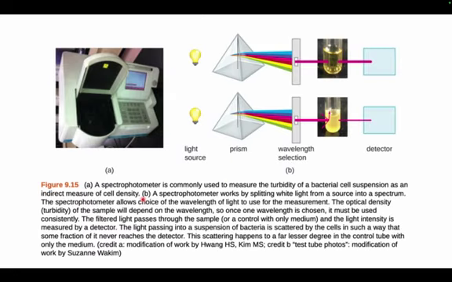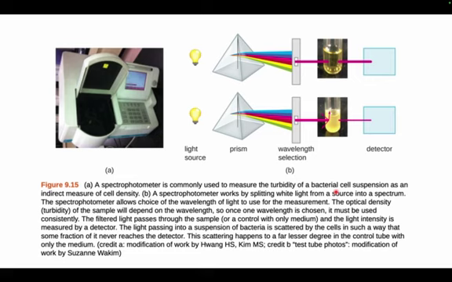How we measure what stage the culture is in is by using something like this, a spectrophotometer, where we measure the turbidity of the bacterial cell suspension. What is turbidity? Turbidity is basically just the scattering of light.